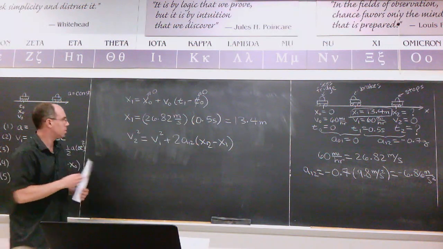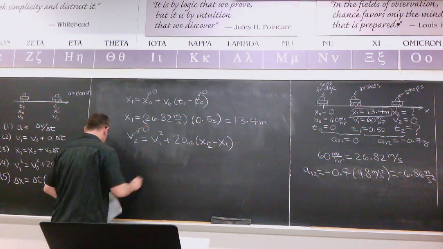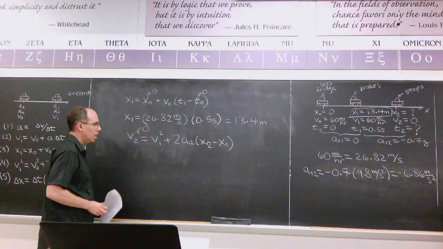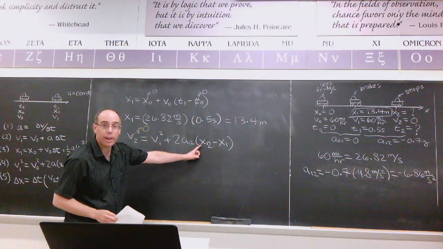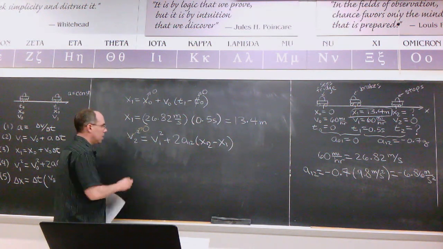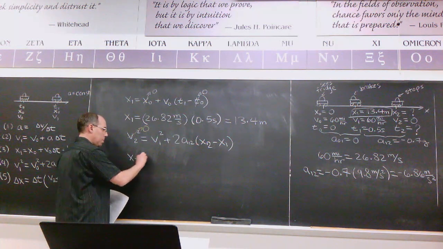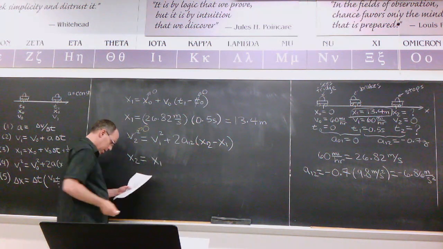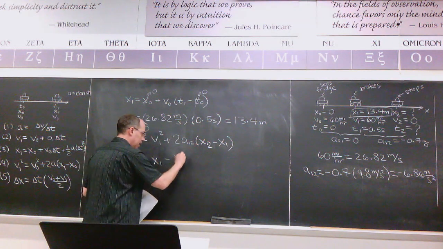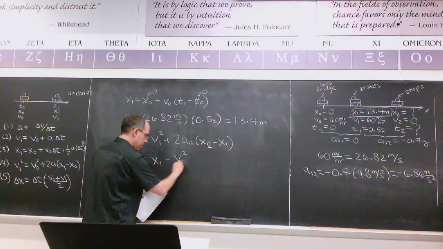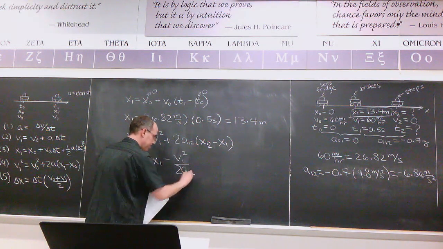We know v2 is equal to 0. Now we can just solve for x2 in terms of everything else. That gives us x2 equals x1 minus v1 squared divided by 2 a12.